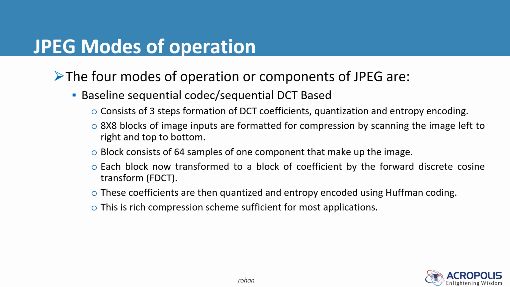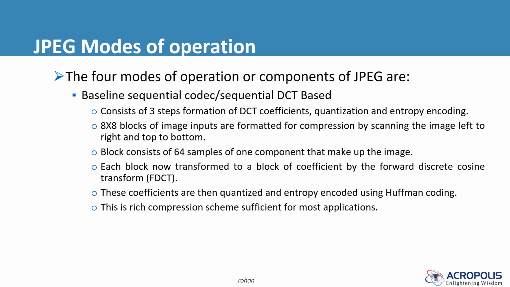JPG modes of operation. The four modes of operation or components of JPG are: first, baseline sequential codec, sequential DCT based. It consists of a three-step formation of DCT coefficients, quantization, and entropy encoding. 8 by 8 blocks of image inputs are formatted for compression by scanning the image left to right and top to bottom.